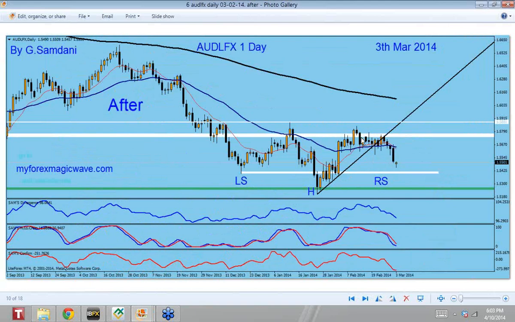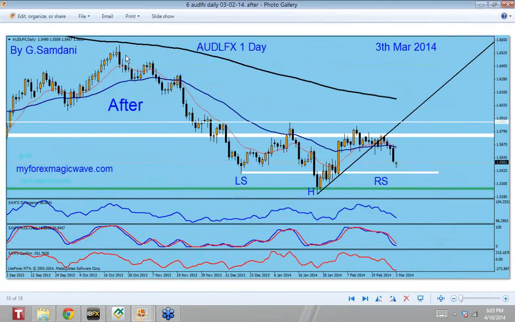So this is how it slowly came down for the right shoulder, and from there, as we know how to trade the head and shoulder, it goes up, breaks the neckline, and then goes to the other side to a certain level. You still have to figure out how far it's going to go.